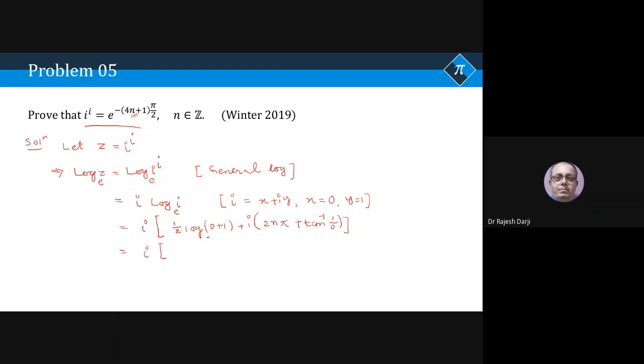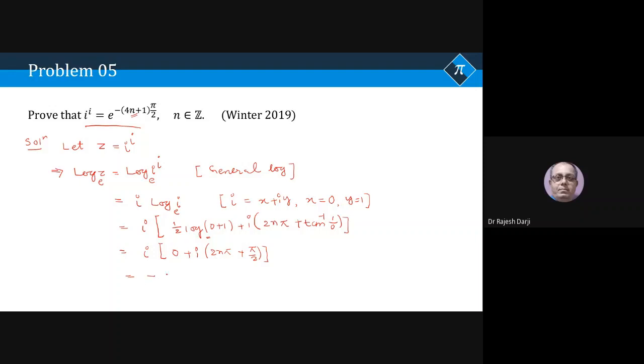This is log 1, so log 1 is 0, plus i times 2n pi and tan inverse infinity, so pi by 2. Multiply by i. So it is i square.